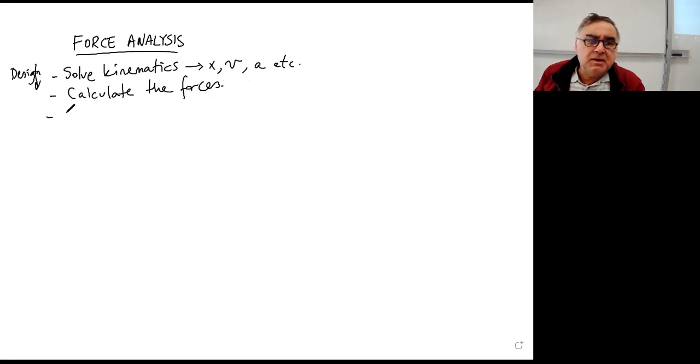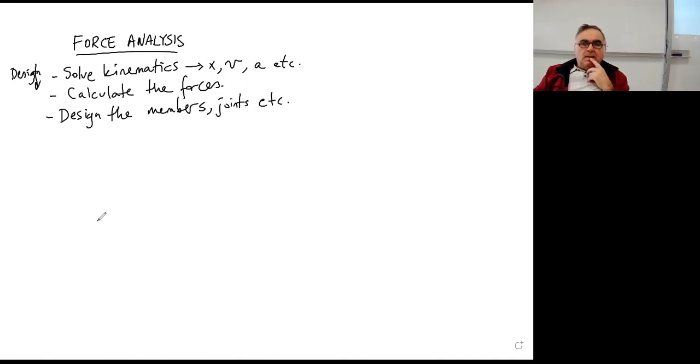But there is something missing. After the forces are calculated, you can design the members, let's say, and joints, etc. That is, you decide what kind of material you are going to be using, what will be the thickness of your member, what will be the thickness of your joint, etc. All these things have to be determined in the final analysis because you require the forces.